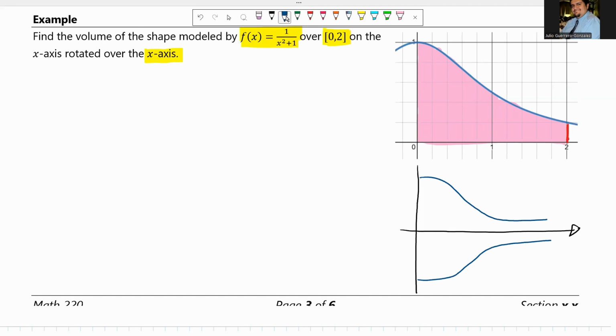All right. So hopefully you guys see what this is looking like. And I'm going to go ahead and put my tick marks in. This right here is going to be 1, and this over here is going to be 2. We need all the way out to here, okay? So hopefully you guys see what the shape is looking like.